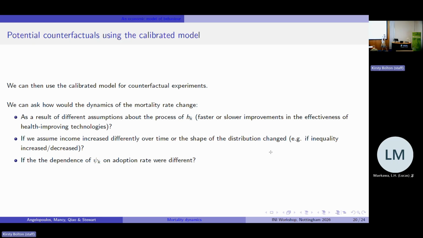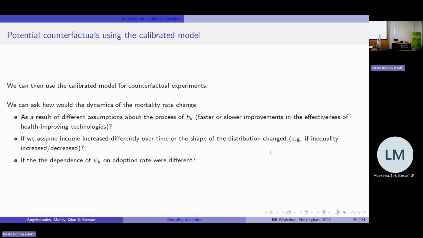If we take another experiment, if we assume that the income distribution changed differently over time, if inequality increased or decreased, we can explore the impacts of income inequality on how these technological changes become adopted and the effects that they have. We might say our counterfactual experiment corresponds to somewhere else in the world at a different period of time or for a different technological change.